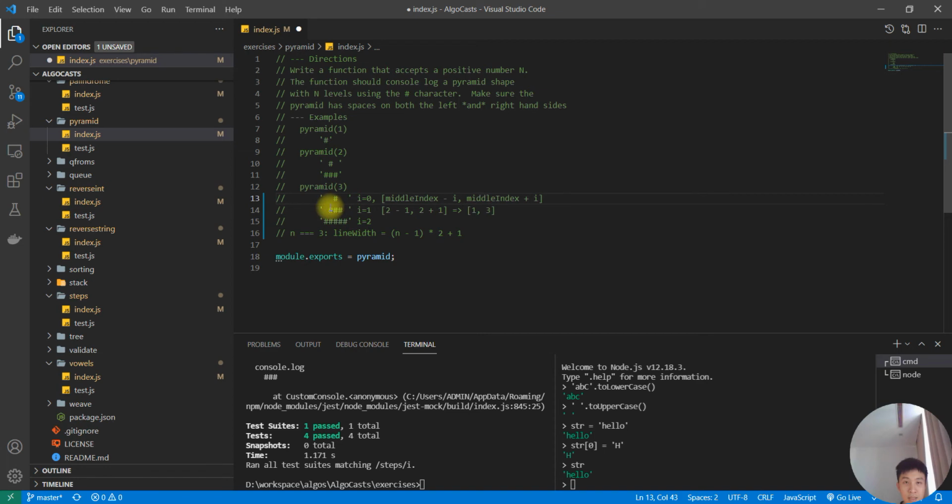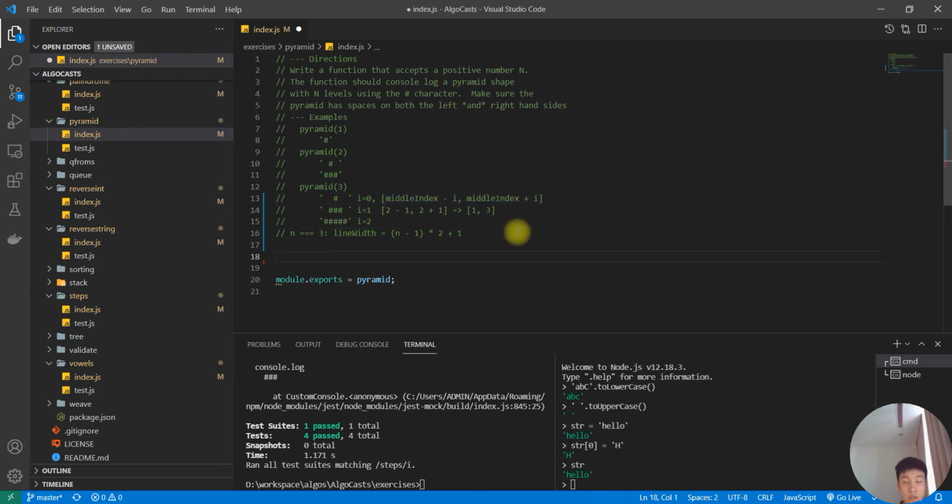So from index 1 to index 3 is the range of hashes. Same for the last line as well. So we saw two subproblems, which are the line width and also the hashes range.